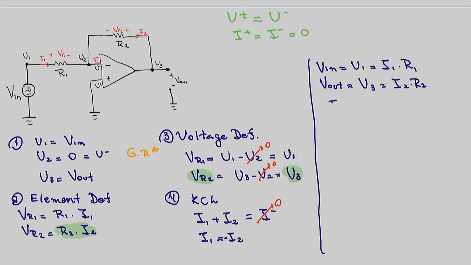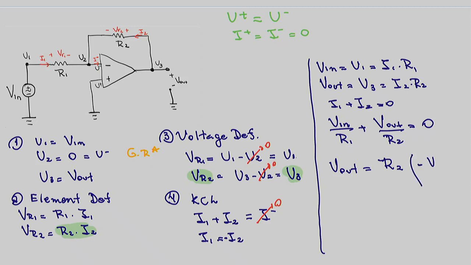Since we know that I1 plus I2 equals 0, now we can write this in terms of V in and V out, which will give us V in over R1 plus V out over R2 equals 0. That means that V out, once you isolate everything and pay attention to your signs, is going to be minus R2 times V in over R1.